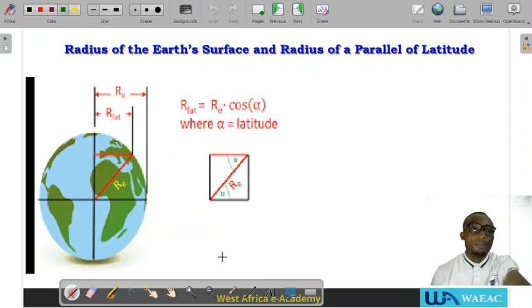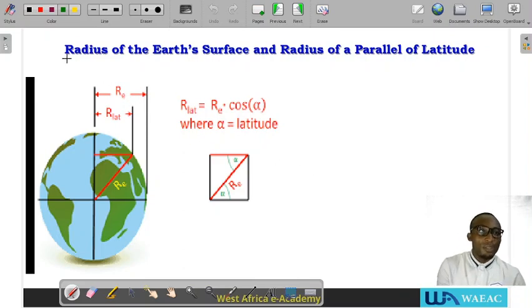Simple as that. So at this point, we are going to calculate how we derive the radius of the earth's surface and the radius of the parallel of latitude.